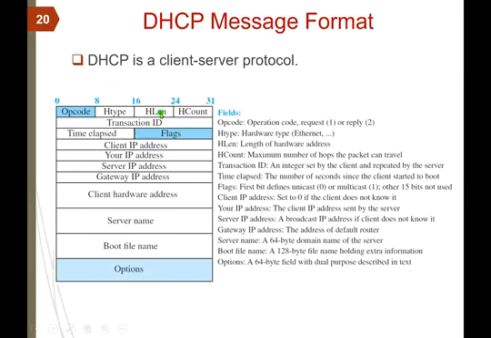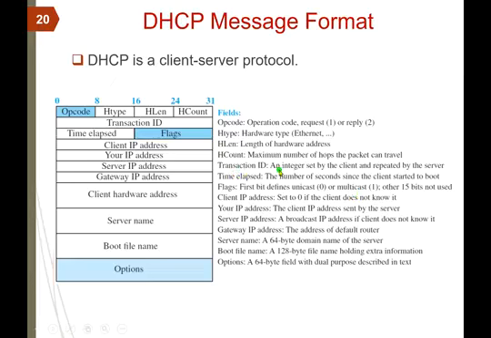H length is the length of the hardware address. Hop count is the maximum number of hops. Sometimes you don't want your DHCP server to provide addresses to devices outside your network. Therefore, you can limit the hop count. So when it travels across 3 routers, then it will stop.